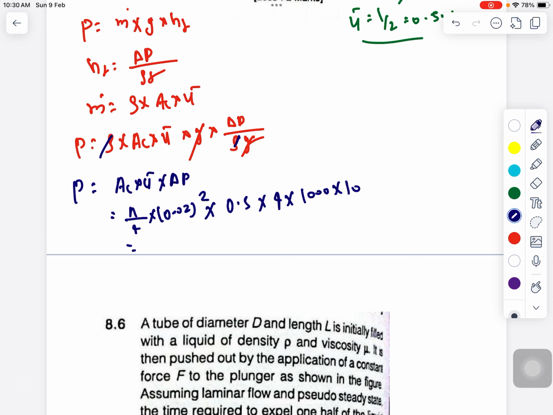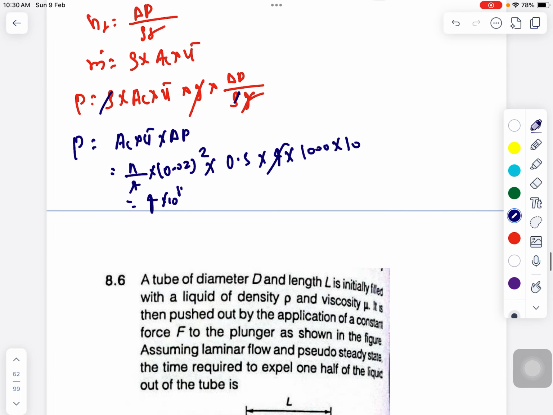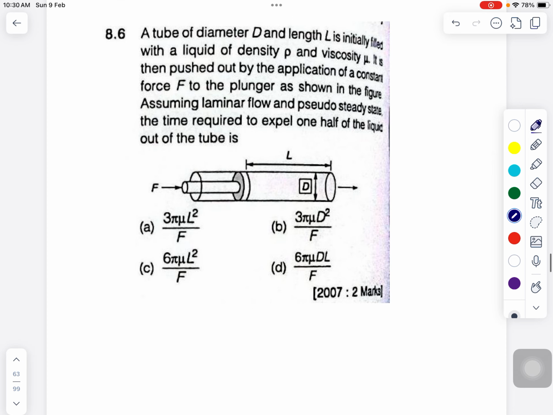So once you calculate, 4 and 4 will get cancelled out. And once you calculate, you will be getting 4 into 10 to the power 4 joule from here. Okay, so with that I'll be moving towards the next question.